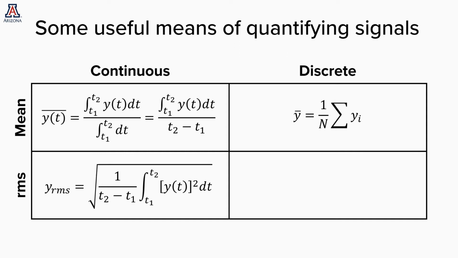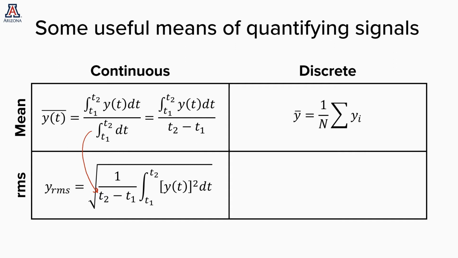You're just going to square the y term, the signal term. So you've got the integral of y squared dt divided by the total time record length t2 minus t1, and you just add that square root in there. Just as a note, we still have that same denominator as we had up in the mean equation. I've just gone ahead and skipped the part where we move from the integral to t2 minus t1.